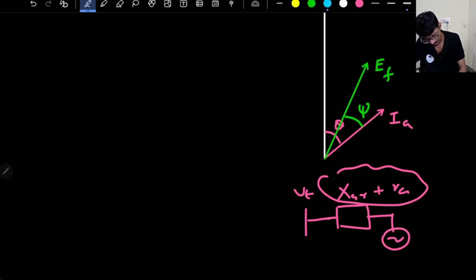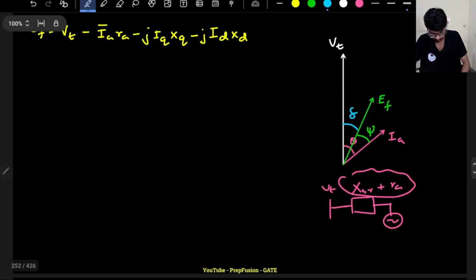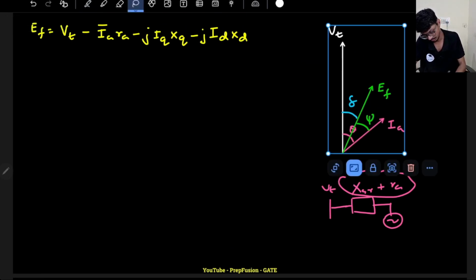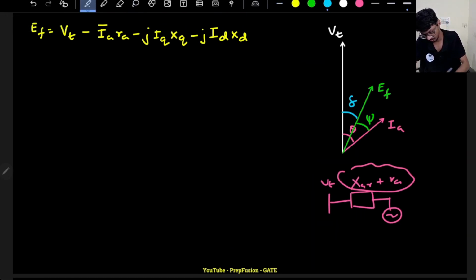This time remember, EF is lagging Vt. So what I can say is that my psi this time is theta minus delta.